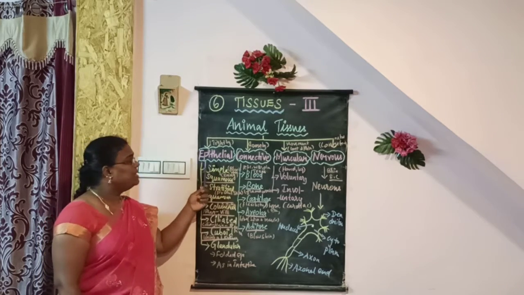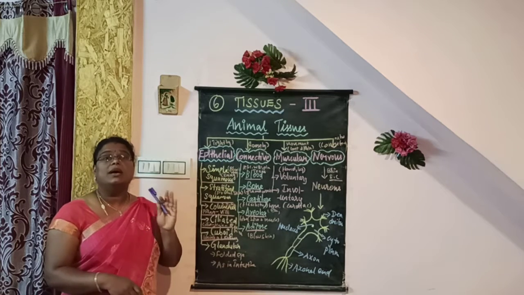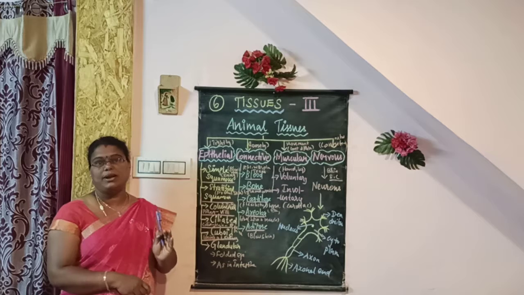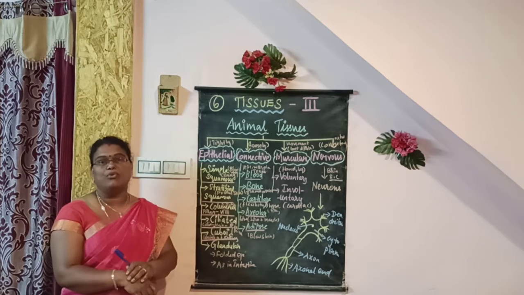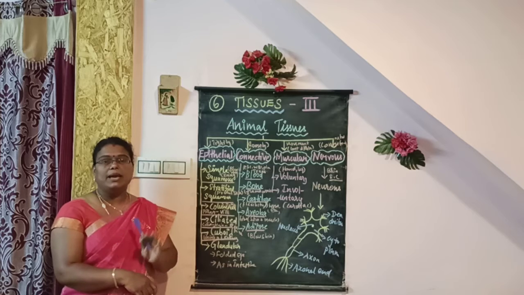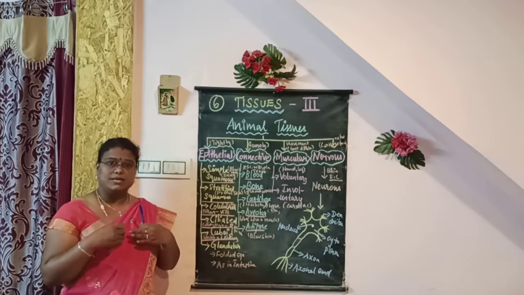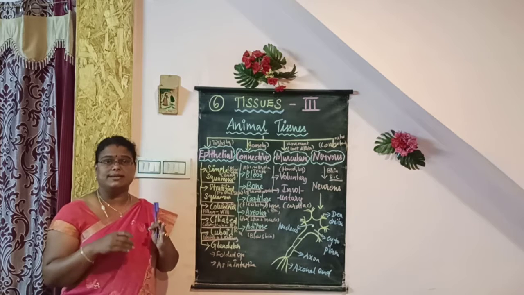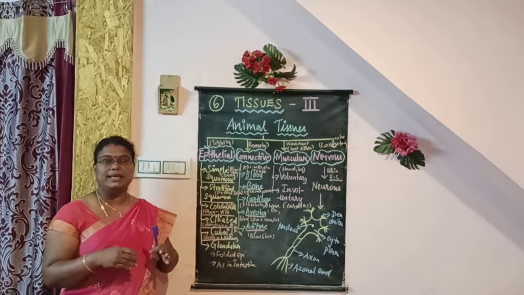And students, epithelial tissues are the tissues which compose the epidermis of an animal, or protective layer or outer covering of an animal. Example, skin, or lining of the stomach, lining of the small intestine, lining of the mouth, or lining of blood vessels, like that.